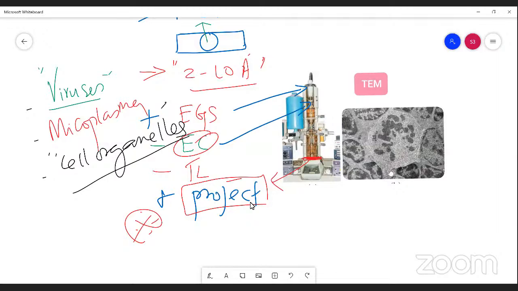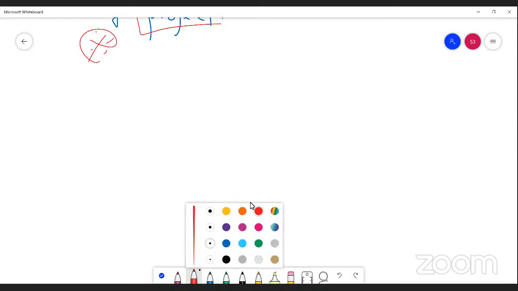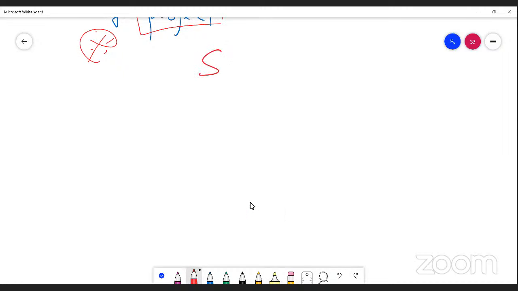Whereas the SEM is a scanning electron microscope.